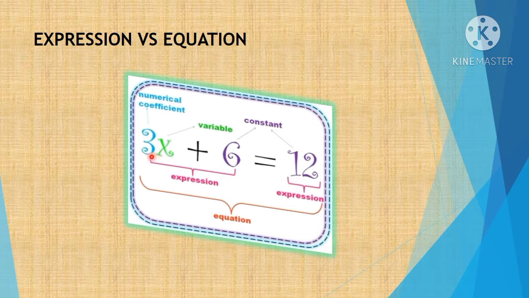So x, what is the coefficient of x? You'll say 3. Understood, children? So plus is an operation. Now understood. This is how you identify the expression. Now you know how to identify the equation. You know how to identify the expression and you know how to identify the constant terms from the equation.